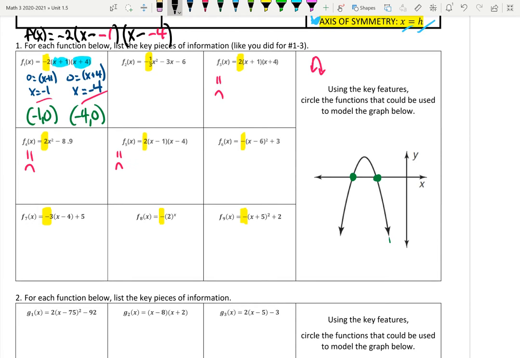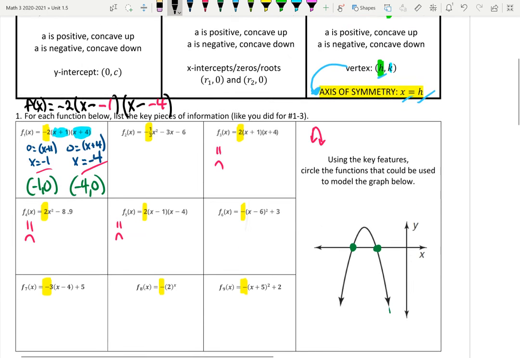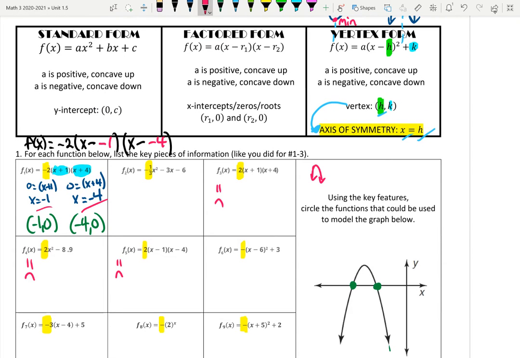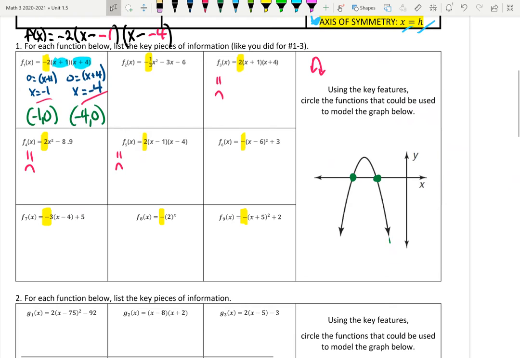By rewriting it in this factored form, I can see that the roots are -1 and -4 without solving. That solving bit helps you find the x-intercepts of simplified equations. So this is a good equation. This works out really well.